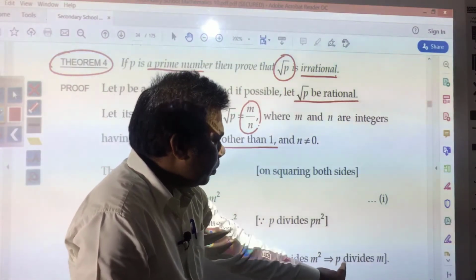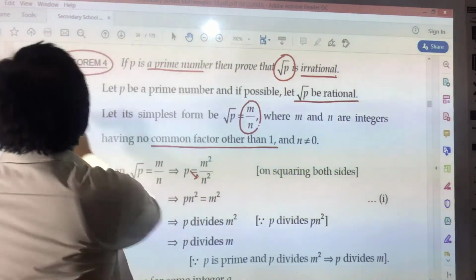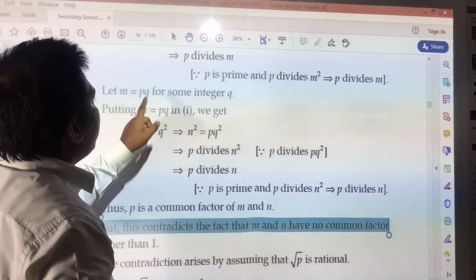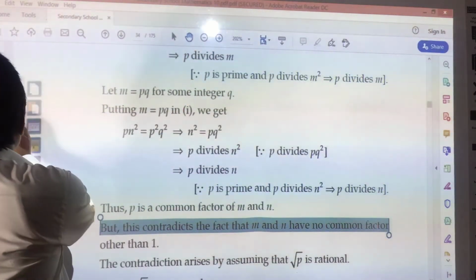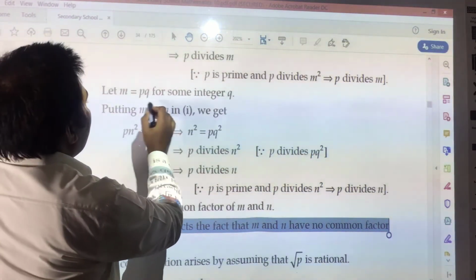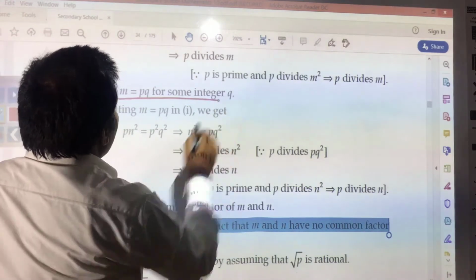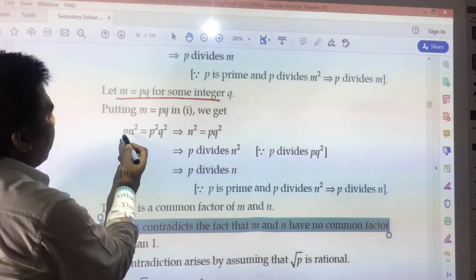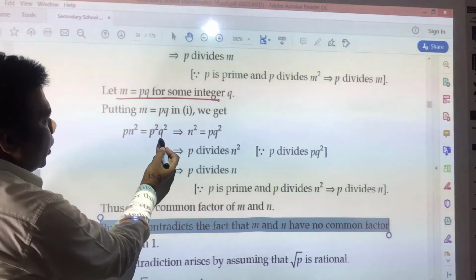Let m is equal to pq for some integer q. Putting m is equal to pq in equation 1, we get pn square is equal to p square into q square.